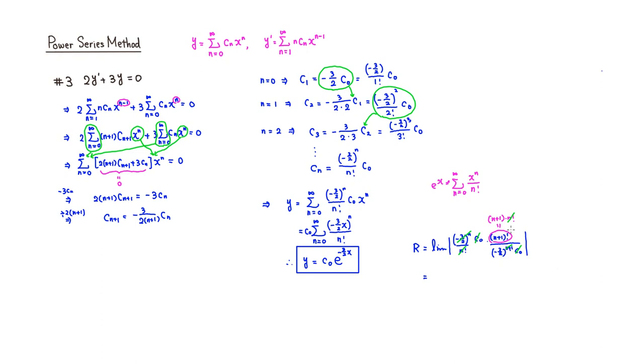With the absolute value, it becomes 2/3 outside. And then we have the limit as n approaches infinity. I forgot to write that. The only thing left is n plus 1, but as n goes to infinity, n plus 1 goes to infinity. So in this case, the radius of convergence is infinity as well. All right, that's it. I hope that this was clear.